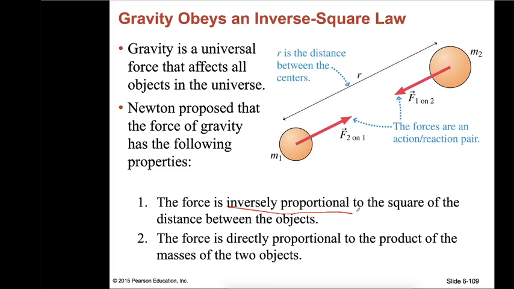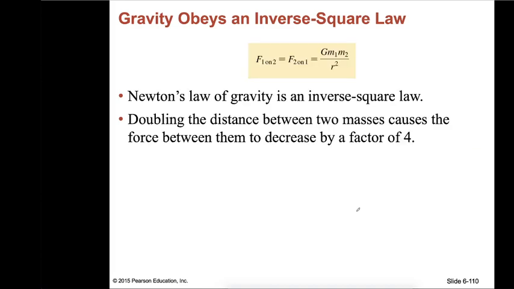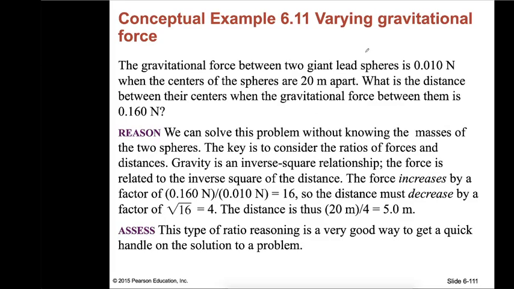And by including the two properties, he developed the equation of gravity, which is F equals G m1 m2 over r squared. G is the gravity constant. m1 and m2 are the masses of the two objects. r is the distance between the two objects. And the value of G is constant, and we will learn it later.